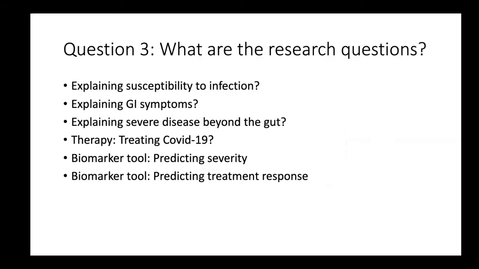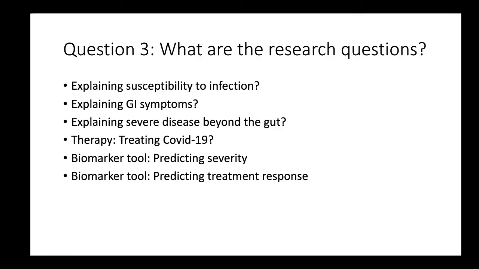Yeah, so far there are very few data on COVID and microbiome, but still there might be some research questions that are worth asking. So of course it's to get an understanding of what is happening. Could the microbiota composition explain some susceptibility to infection or GI symptoms or the severe disease?